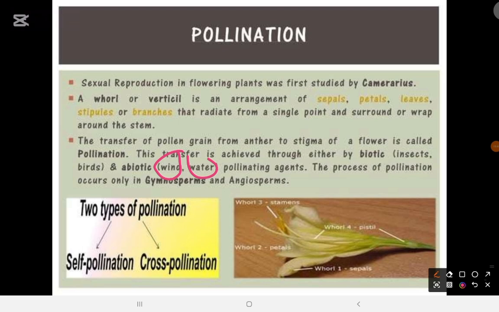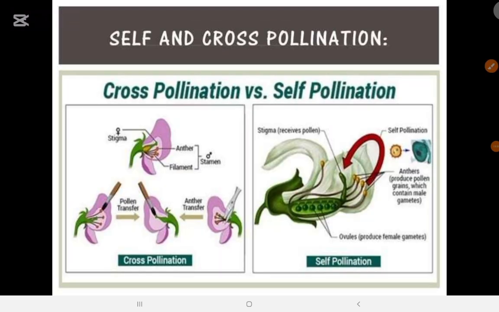There are two types of pollination. We have self pollination and cross pollination. In cross pollination, you're going to see that there are about three different flowers here.